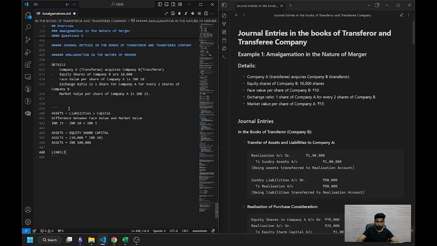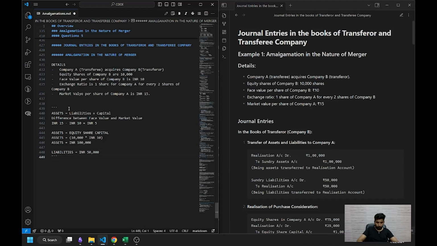And liabilities will be 50,000. How? Because it is said that 1 share of company A for every 2 shares of company B. That means the ratio is 1 by 2. That means if the assets are rupees 1 lakh, hence the liability will be half of that, which is 50,000.